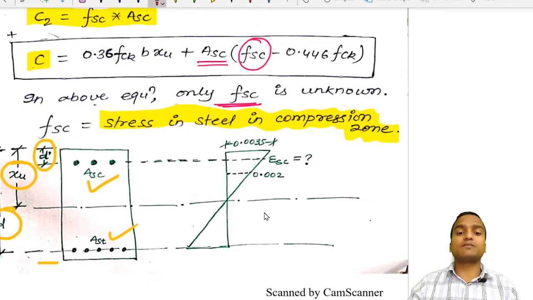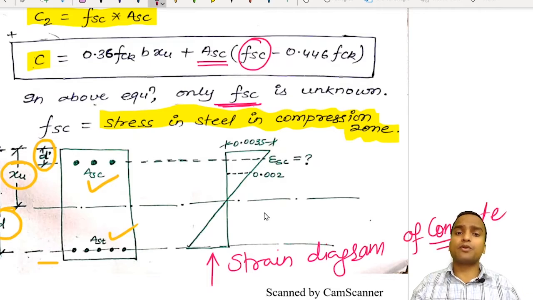Beside this figure you also see the strain diagram of concrete. Why have we drawn the strain diagram of concrete? Because we want to calculate the strain value of concrete at this level of steel. The steel has been embedded in concrete and there is proper development of bond between concrete and steel, so there is perfect continuity at that level.